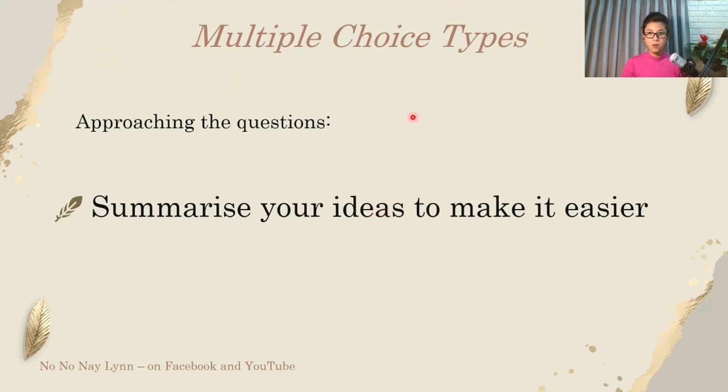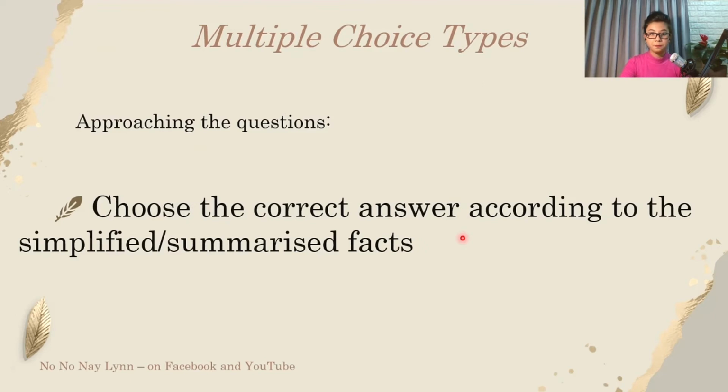So it is fine, it is a good idea, but a better option is to summarize all of these ideas into one bite-sized piece of information so that it's very easy for you to remember, and then go back to the options given in the questions. Obviously, after you have done all of these, you go back to the questions and choose the correct answer. These are especially for multiple choice types.